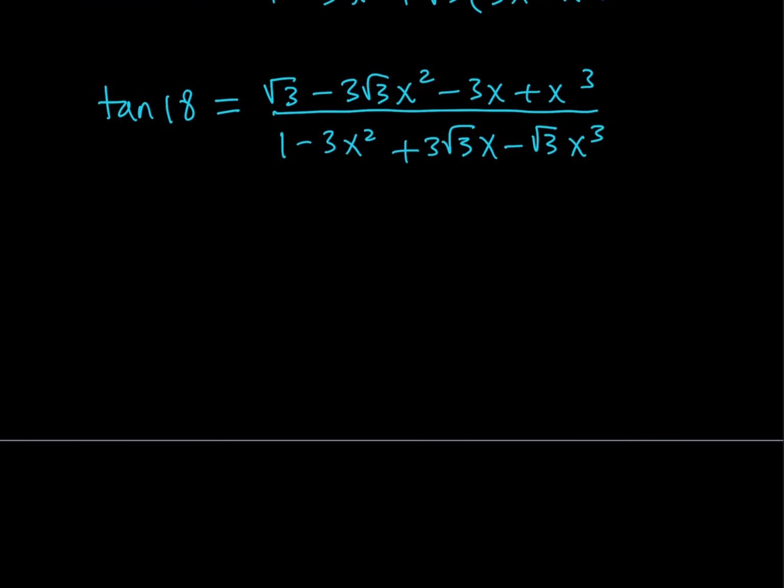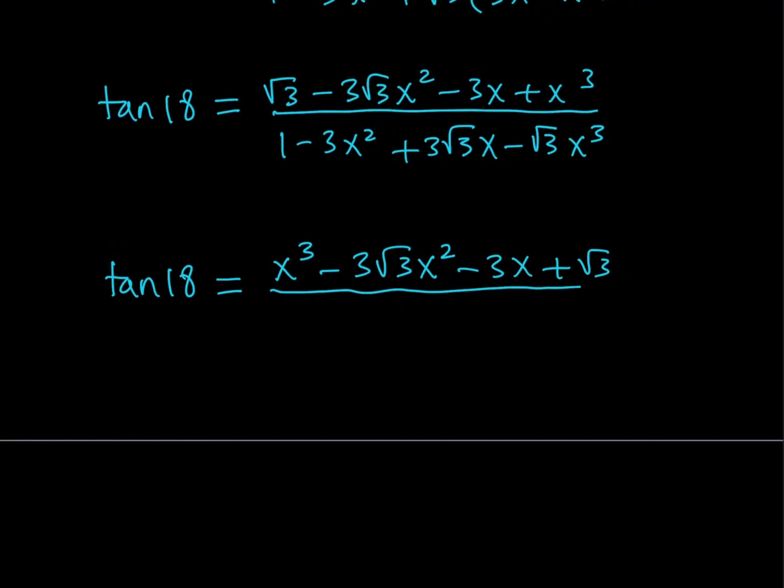Let me write this in standard form so that we can come up with a nice answer. So I'm going to write the x cubed first, minus 3 root 3x squared minus 3x plus root 3. And then we're going to divide it by the bottom one, which can be written as negative root 3x cubed minus 3x squared plus 3 root 3x plus 1.